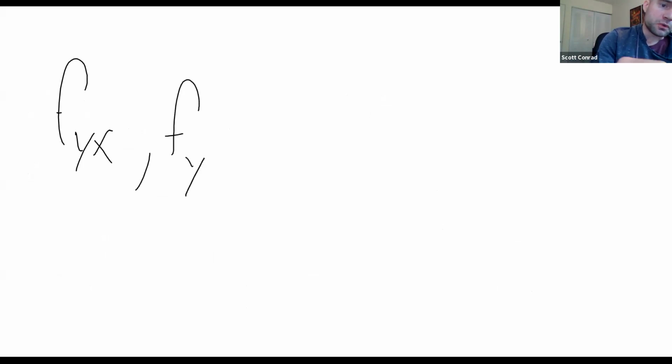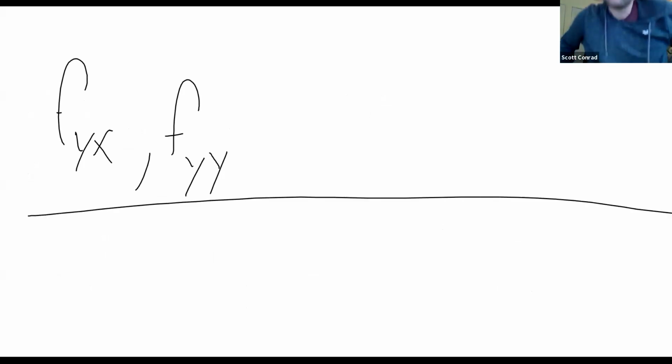And the other is, first we take the partial with respect to y, and then we take the partial again with respect to y. So those are the 4 second partial derivatives for functions of 2 variables: f sub xx, f sub xy, f sub yx, f sub yy.